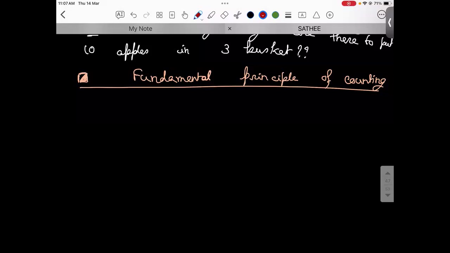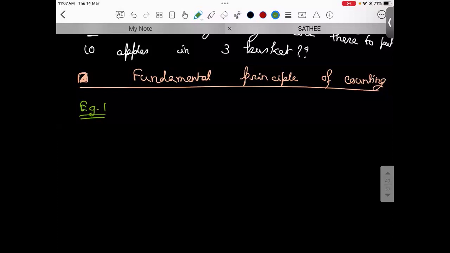So let us discuss the first 2 examples. Before going to the principle, let us discuss 2 examples. First is example 1. Suppose you want to go to some marriage ceremony.